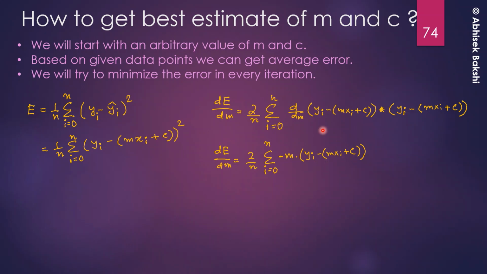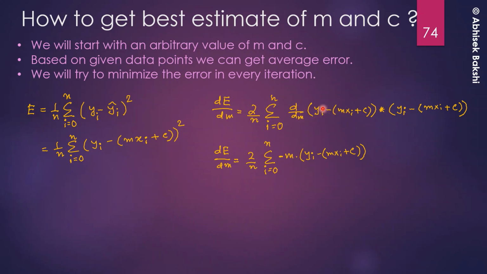Why? Because if you find the derivative of yi with respect to m, this is basically 0, because the actual output is not related with m. Yi is not a function of m. So naturally, this yi acts like a constant for this derivative with respect to m, right? So it's 0.